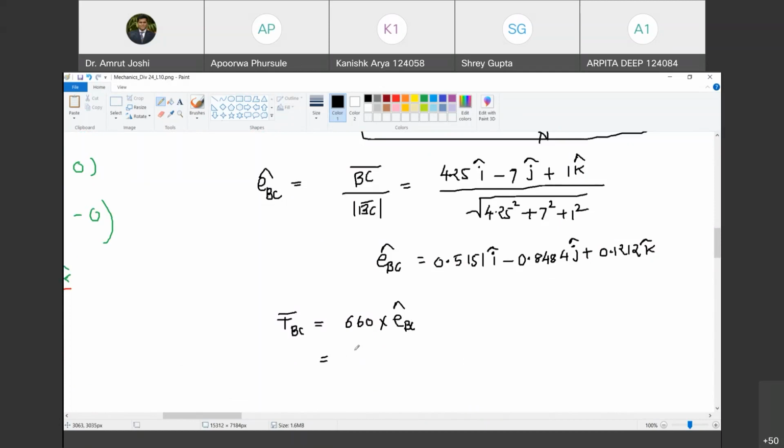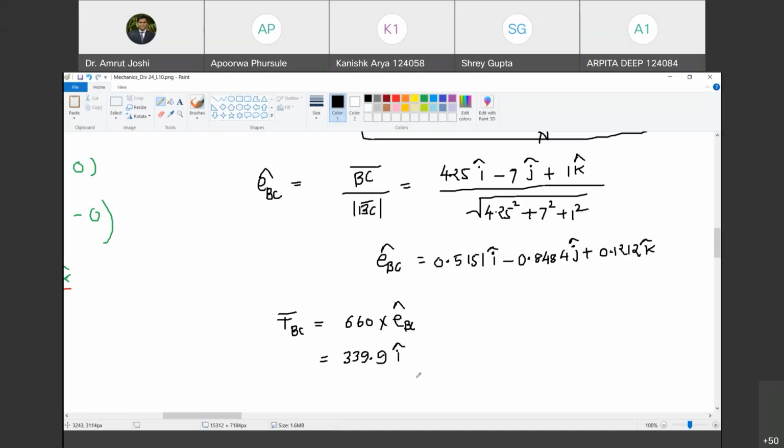Now let us calculate this. 660 into 0.515. Sir, 339.96. 339.9, that's correct. 339.9 I cap. What is the value for J cap? 0.848. 559.68 J cap. No, I got it as 436.926.